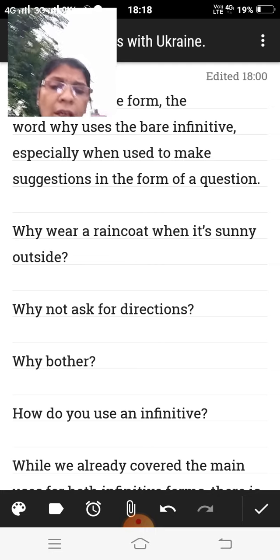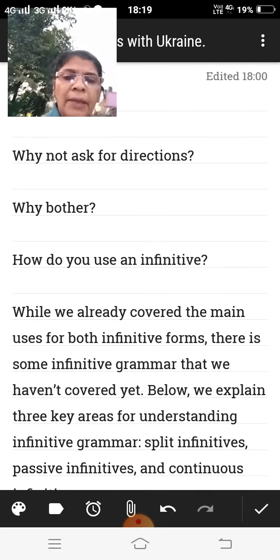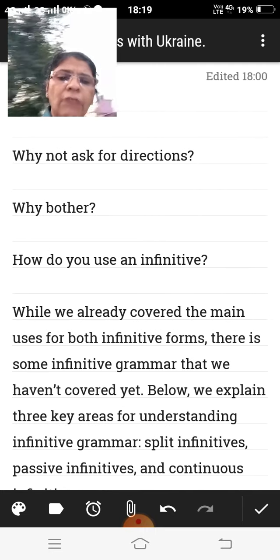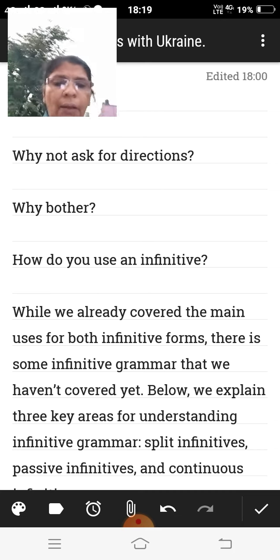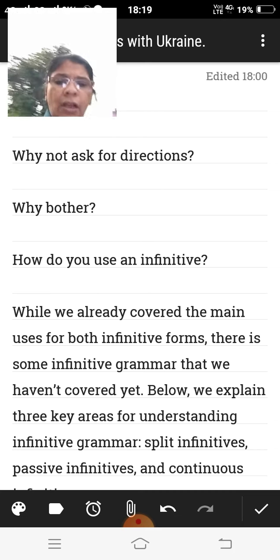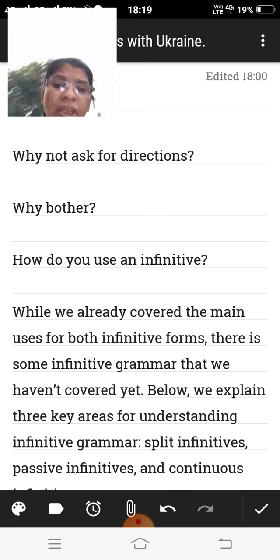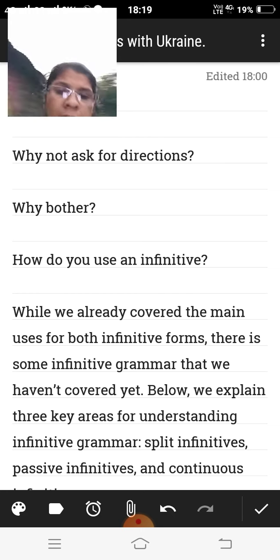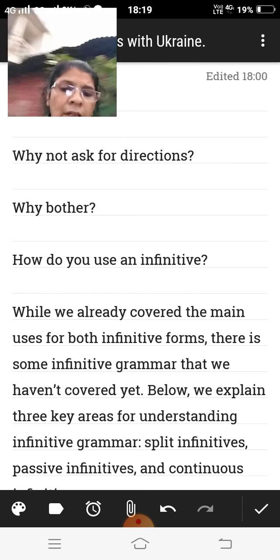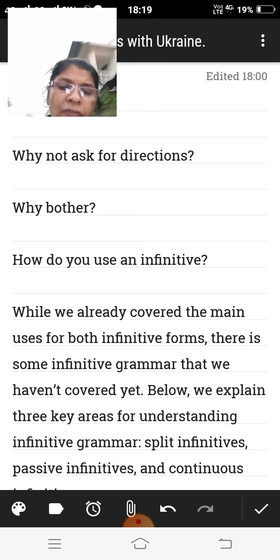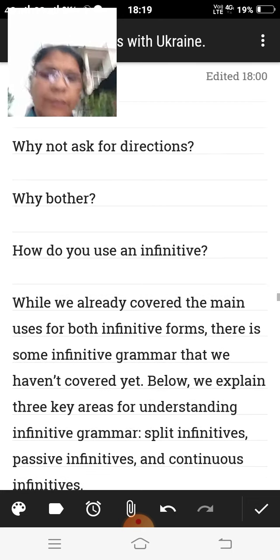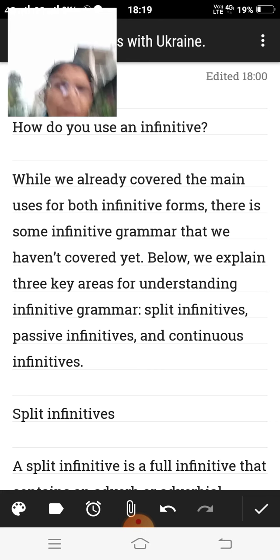How do you use an infinitive? While we already covered the main uses for both infinitive forms, there is some infinitive grammar that we haven't covered yet. Below, we explain three key areas for understanding infinitive grammar: split infinitives, passive infinitives, and continuous infinitives.